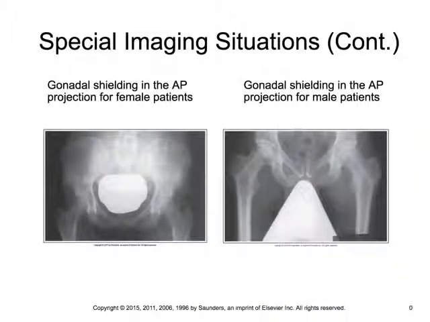Here are appropriate uses of gonadal shielding for female and male patients, right? Not a lot of places do this. We don't see this a lot. But if we look at our chart of BERT exposures, a pelvis x-ray is a pretty high amount of x-rays for diagnostic x-ray, right?